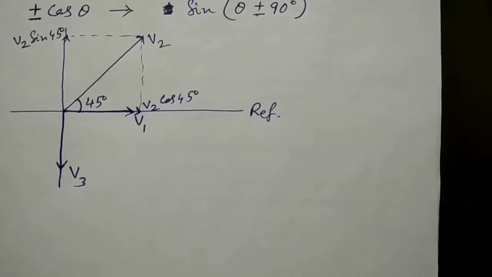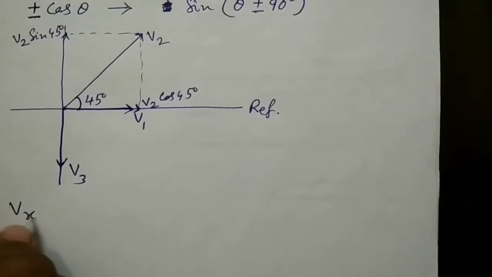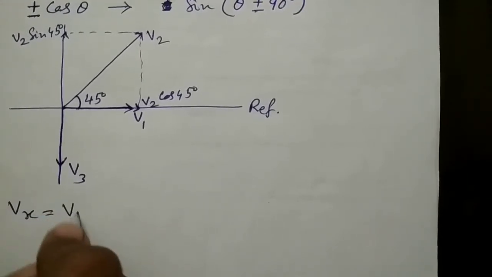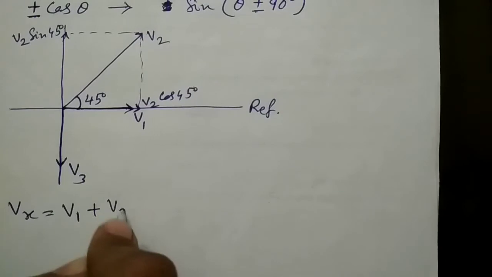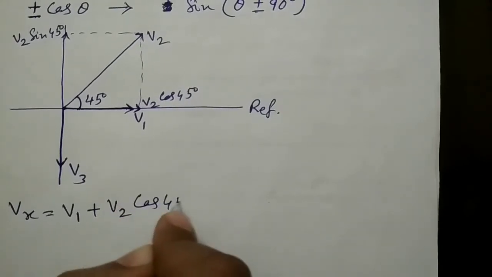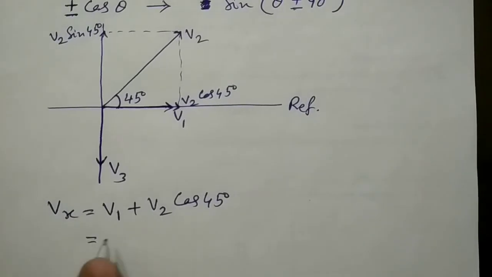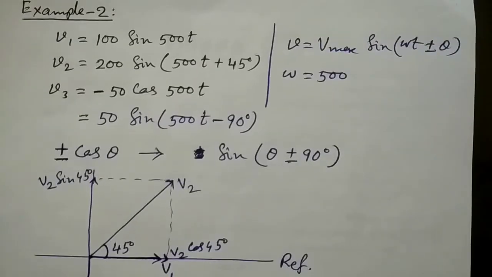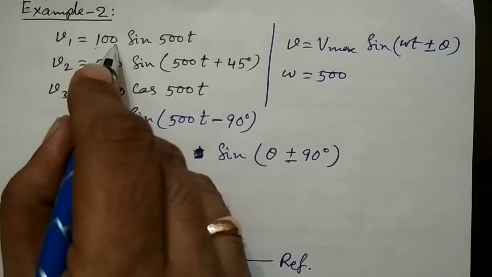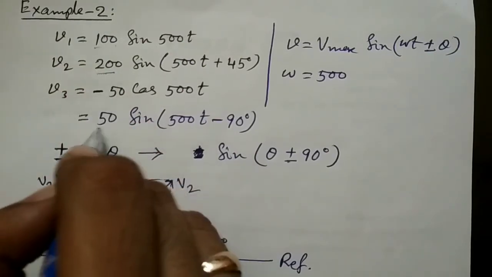So now the total x component, that is Vx, can be written as V1 plus V2 cos 45 degree. Put the values, taking their maximum values. Here it is V1 max, V2 max, and V3 max.